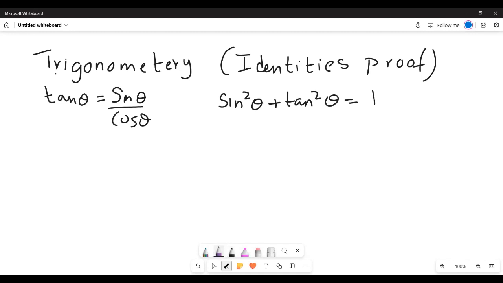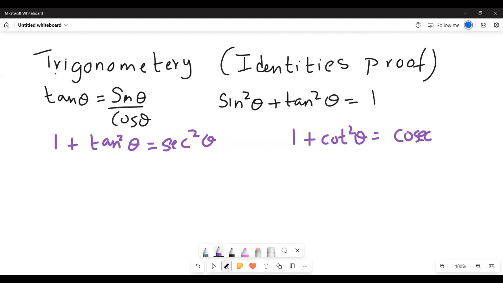Now in A levels, we have two more identities. First one is 1 plus tan square theta equals secant square theta. And the other one is 1 plus cot square theta equals cosecant square theta.